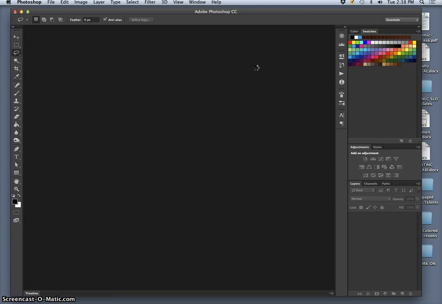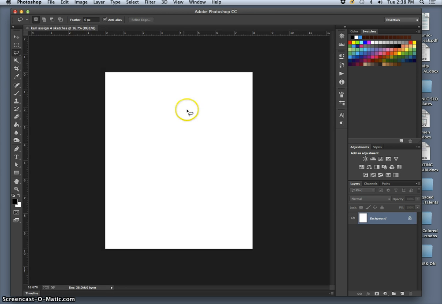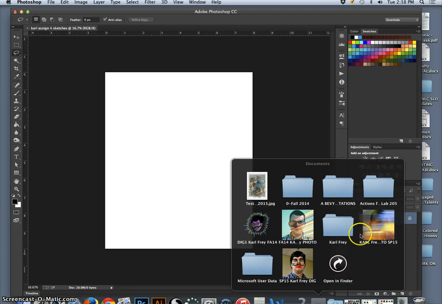All right, so pretend this is a sketchbook page. And the reason I need to have my camera or a recent photo that I've taken, so I can do that easily enough.